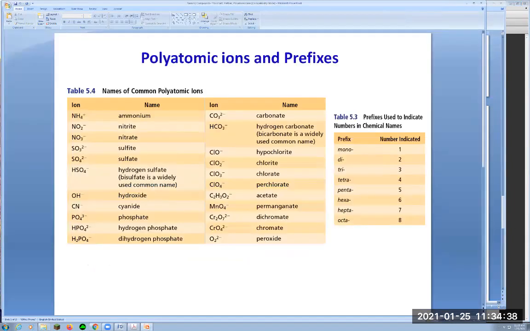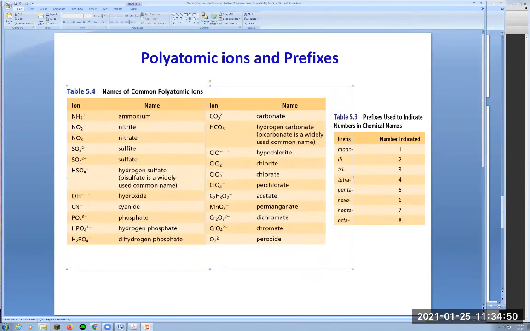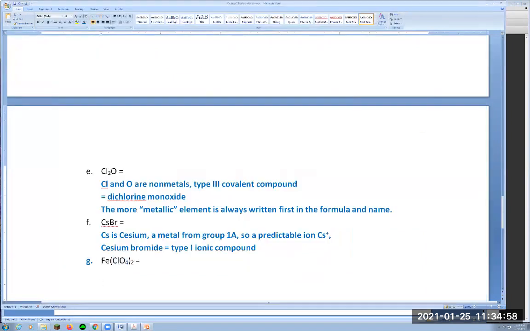If you look at the list of polyatomic ions, ClO4 is called here in the middle of the slide, perchlorate, right? It's the perchlorate, ClO4 negative 1. We have 1 negative charge per perchlorate.